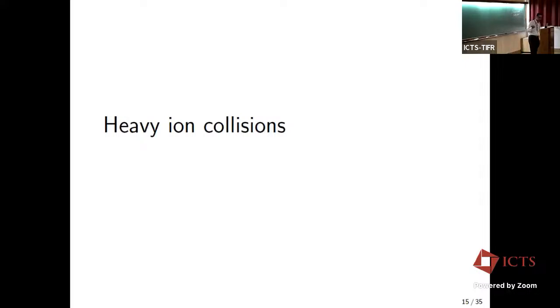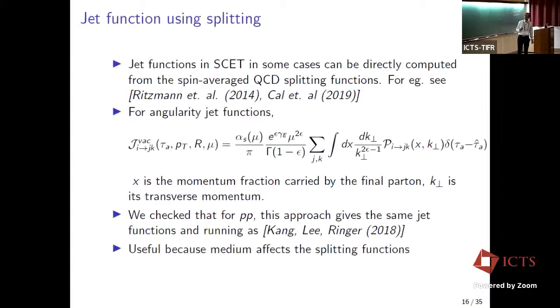Okay, so that forms the baseline, and now to see what goes on in heavy ion collisions, it turns out it's useful to rewrite this in a slightly different fashion.